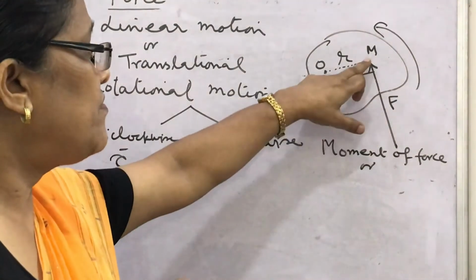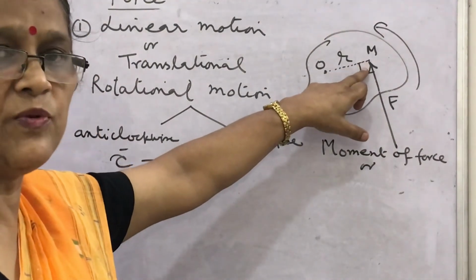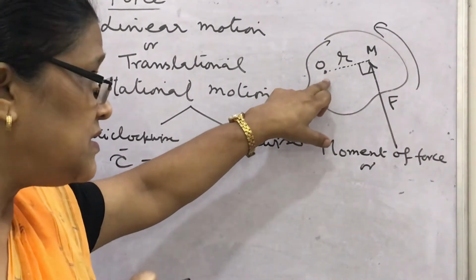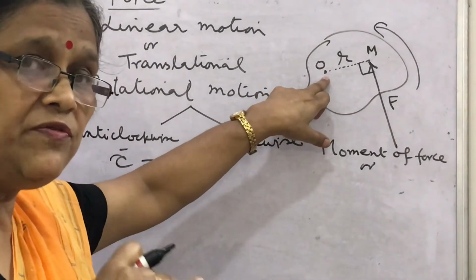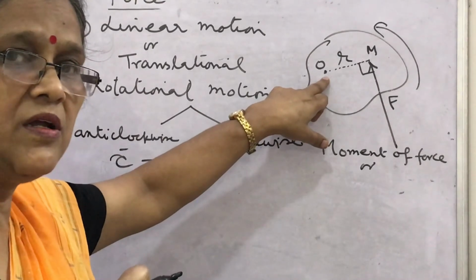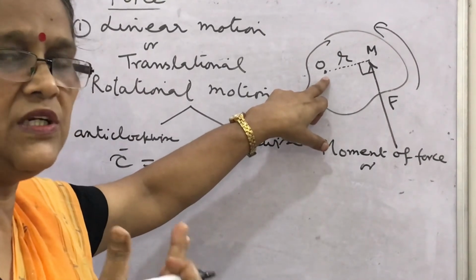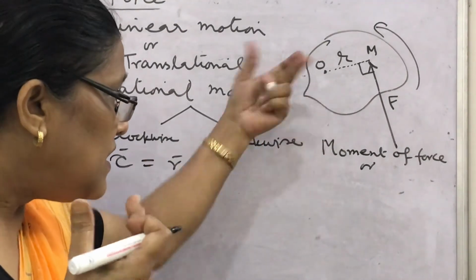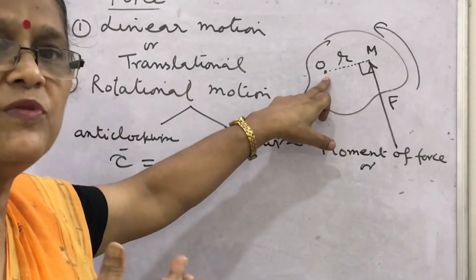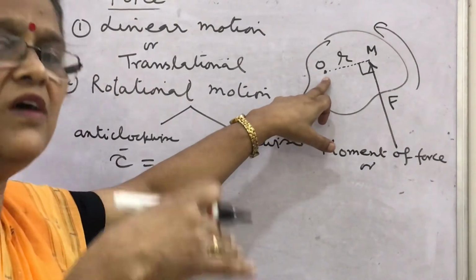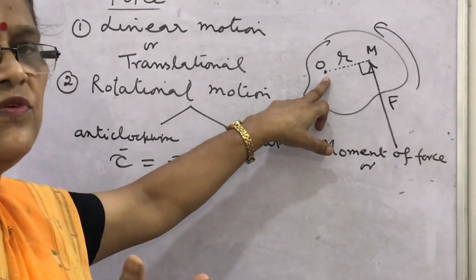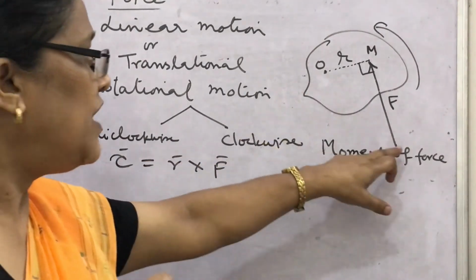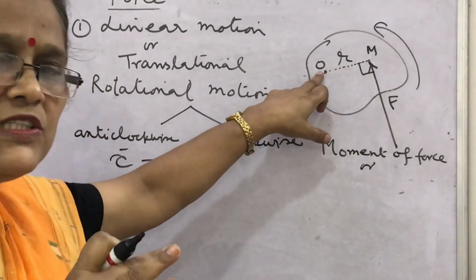If we apply the force at this point M, but the object is fixed at point O, there is a reactionary force at the fixed point. Its moment of force is 0, because this reactionary force is not at a certain distance from the fixed point, it is acting at the fixed point.